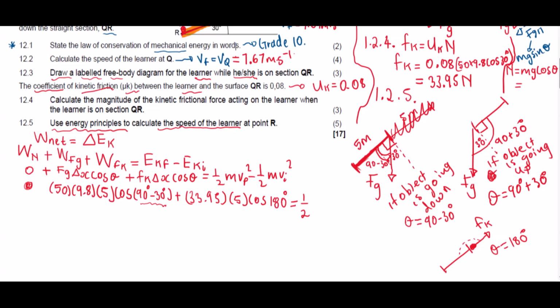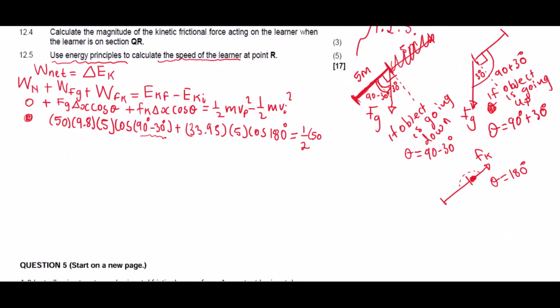The object's mass is 50. The final one is the one that we don't know: the final speed minus the initial speed, so minus the initial kinetic energy. This one is going to be the answer that we've calculated before, which was 7.67 u squared.